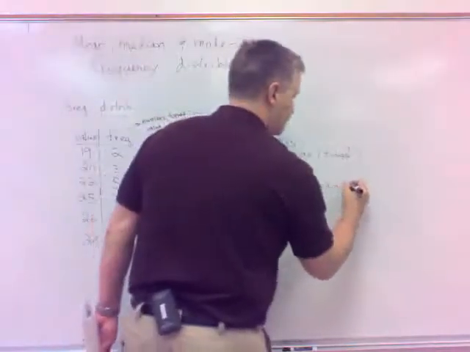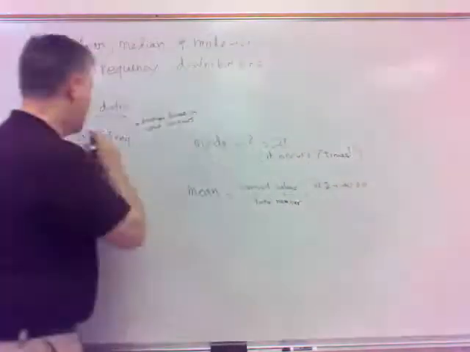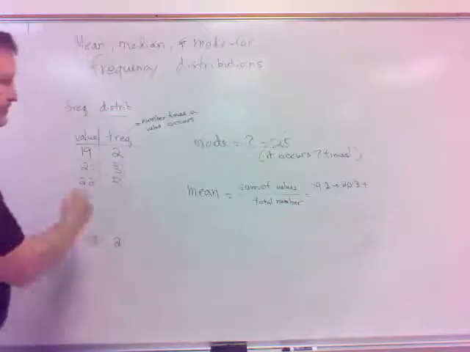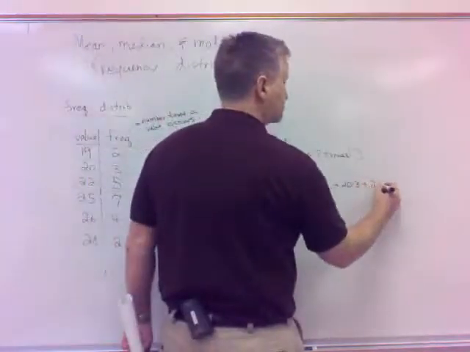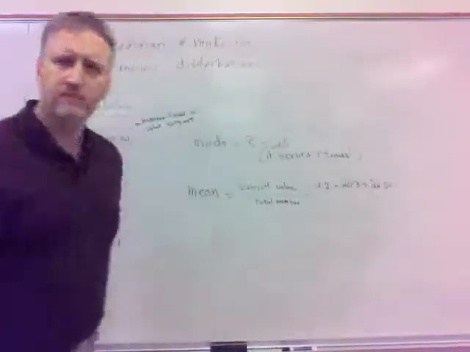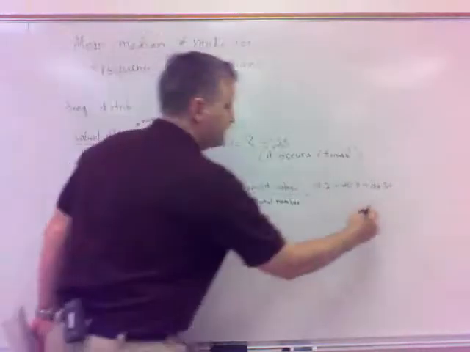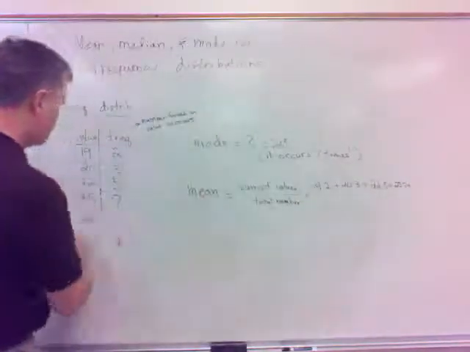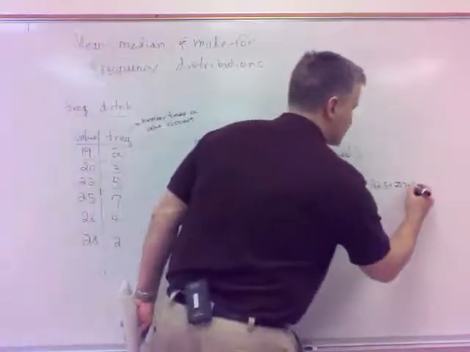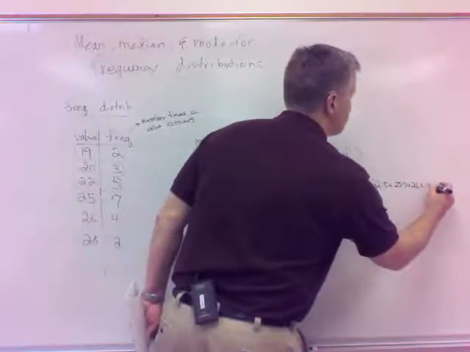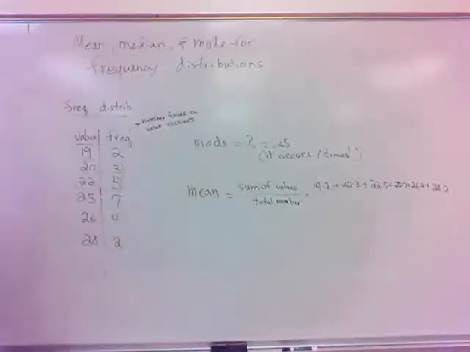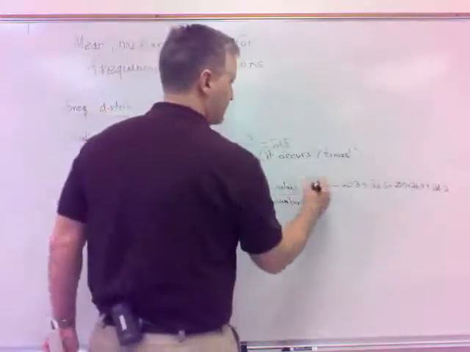Yeah, so just multiply each value times its frequency. 20 times 3, 22 times 5, 25 times 7, 26 times 4, and 28 times 2. So multiply every value by its frequency, okay, and add those together.